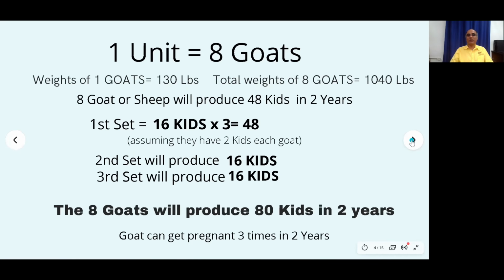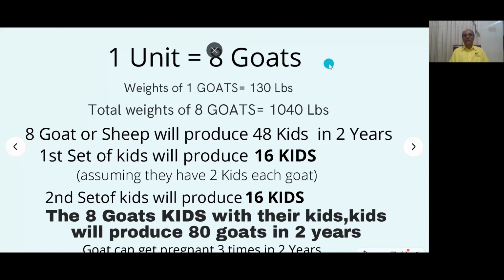Now let's compare the goat. As I said, 1 unit is equal to 8 goats. We are averaging 130 pounds per goat, so the total weight of 8 goats or sheep is 1040 pounds.